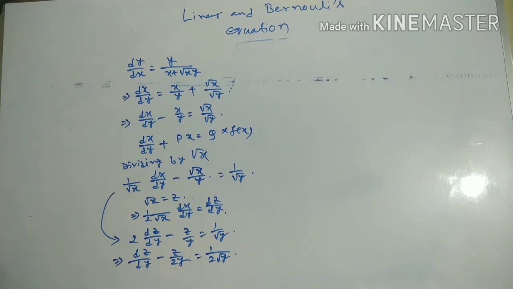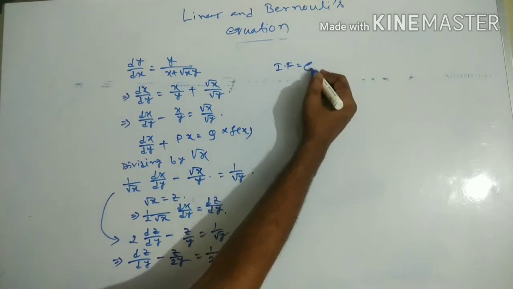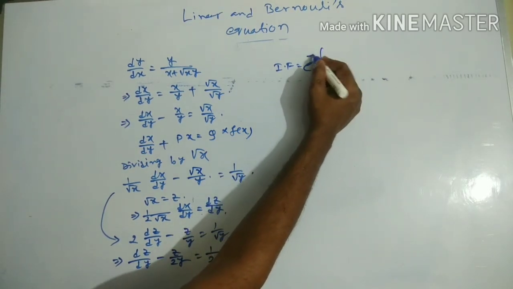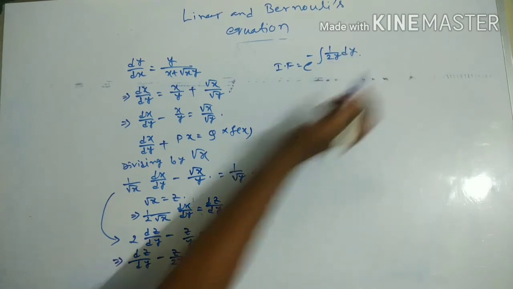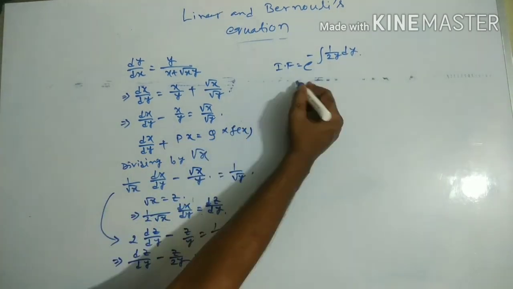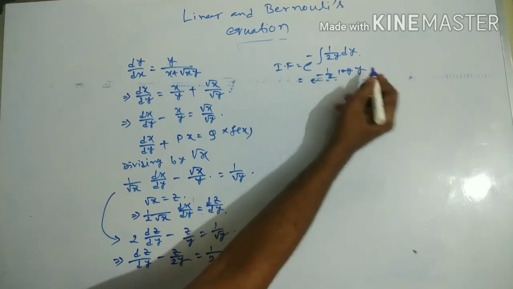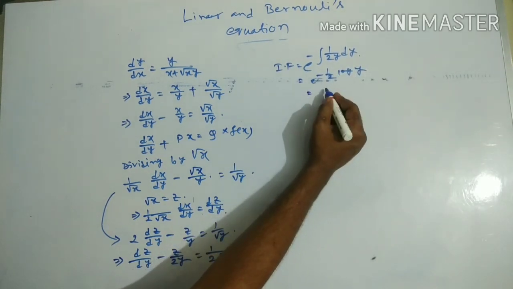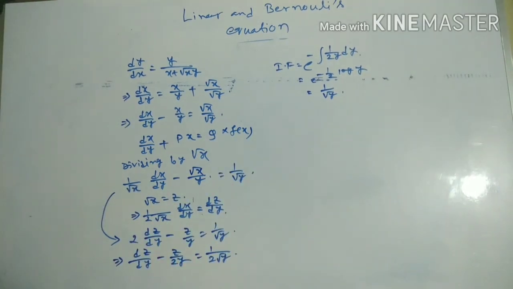What will be the integrating factor? The integrating factor will be e to the power integration of minus 1/(2y) dy. So this will be e to the power minus half log y, that is equal to 1/root y by property of logarithm.